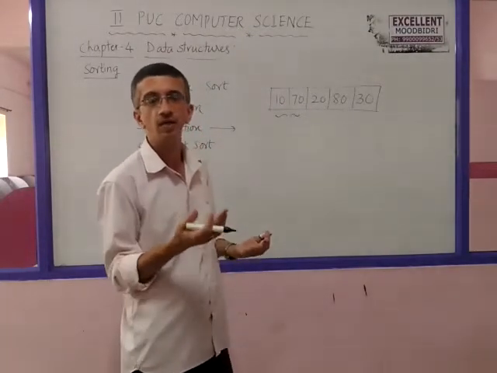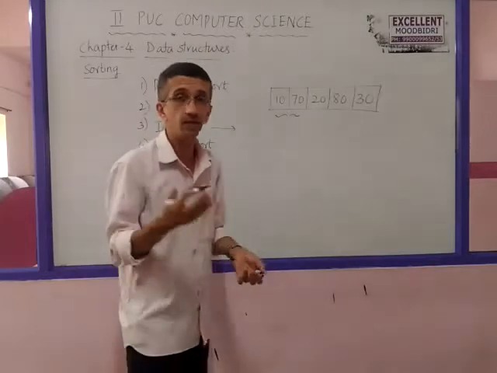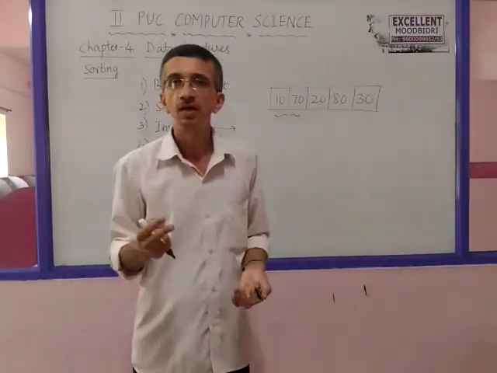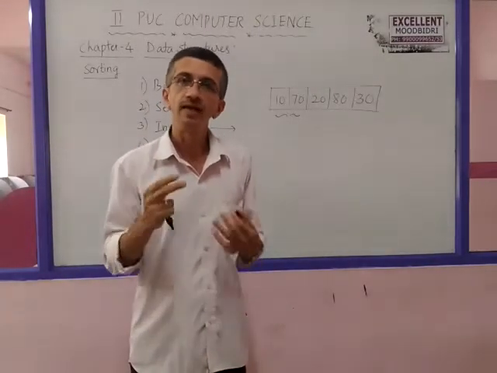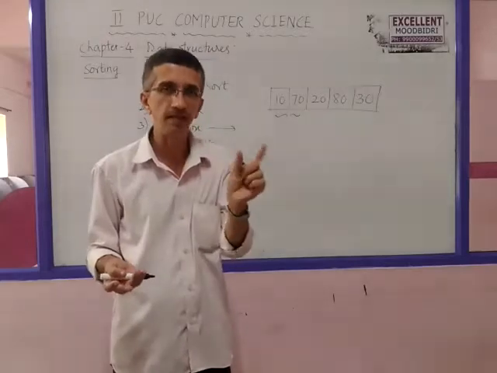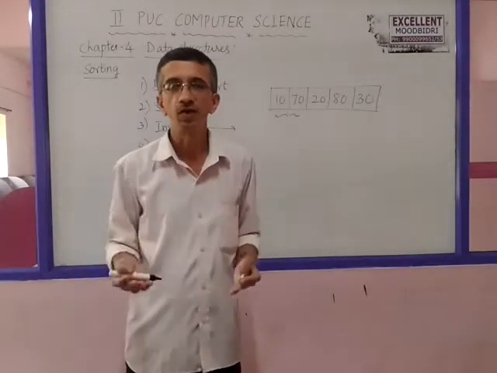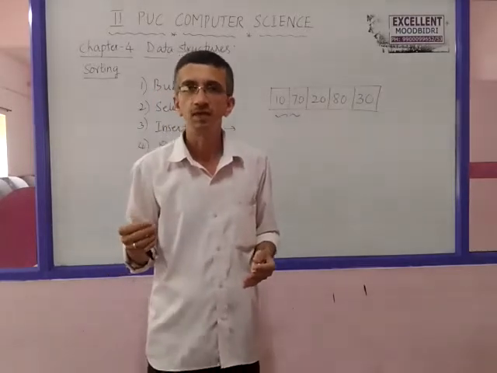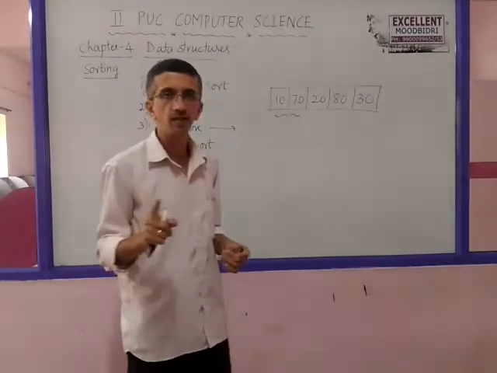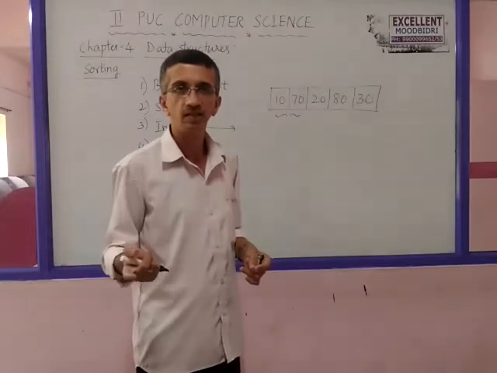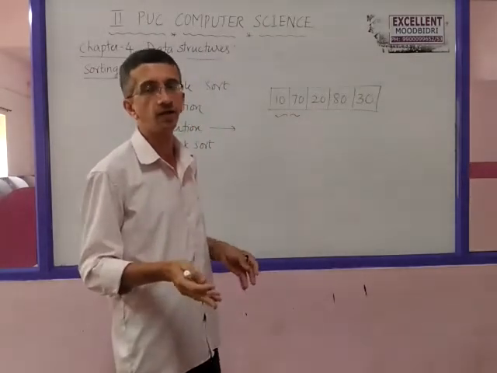So accordingly you compare and interchange. These are the two operations that need to be carried out in any kind of sorting. You compare one item with another, then decide whether to interchange the positions. So comparison and interchange are must operations in any kind of sorting.